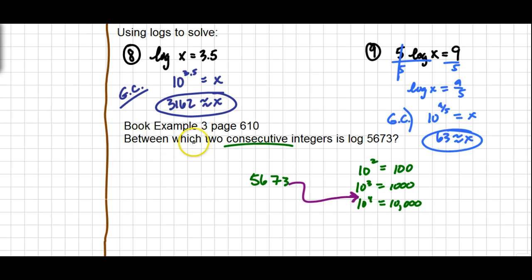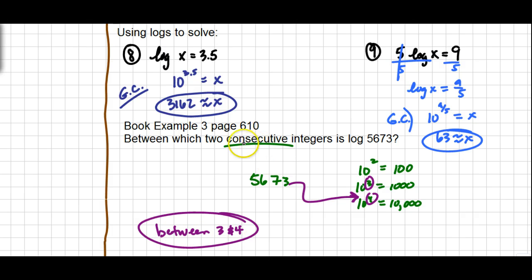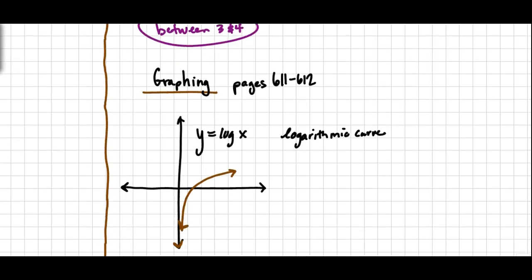So, in between which two consecutive integers is the log of 5673? It's in between 3 and 4. So when you're doing a question like this, if they ask you for two consecutive integers, you're just going to use powers over and over again, and you're going to find which two surround the one that you're working with.